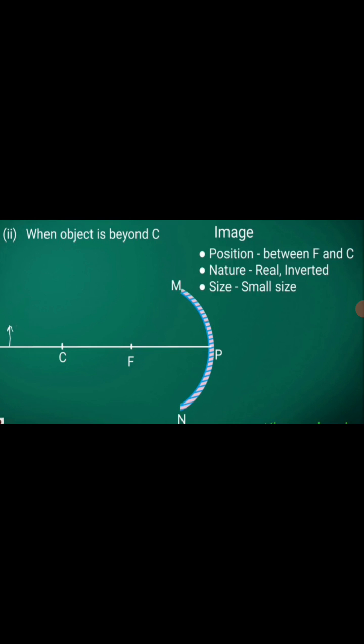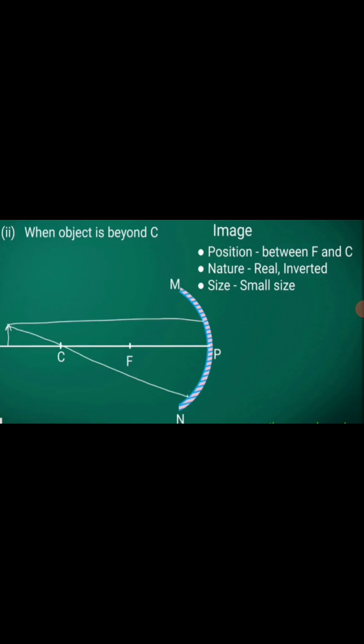And the second case here is the object placed beyond C. So when the object is placed beyond C, now let us see the image formation. As I have said, remember the light ray has to first pass parallel to the principal axis. The next condition is, wherever it is parallel, it has to pass through the principal focus.